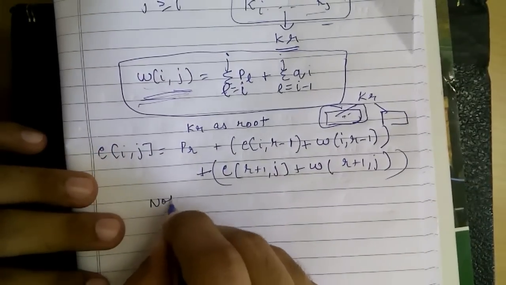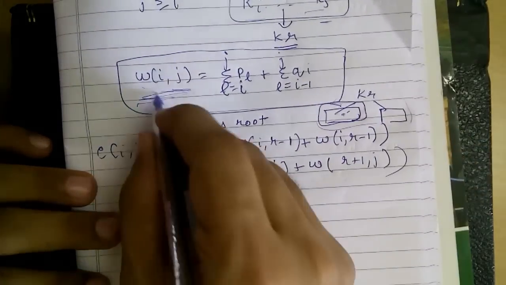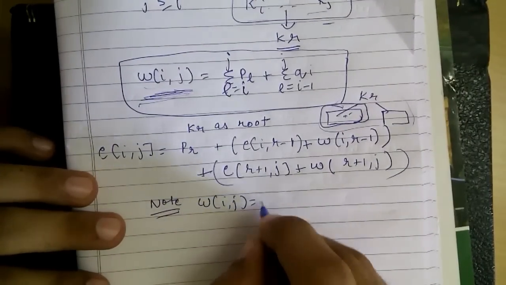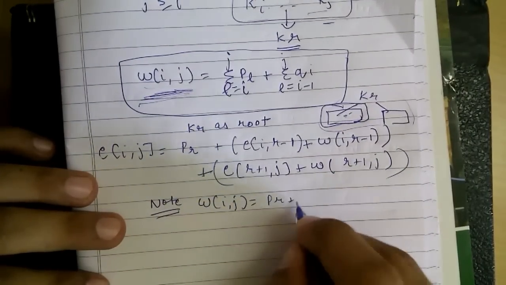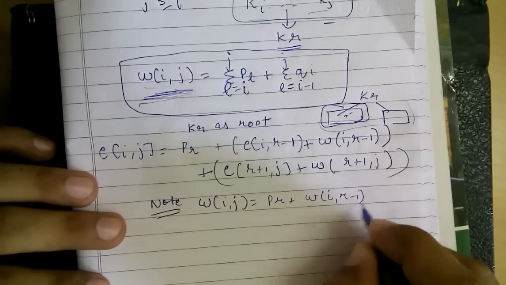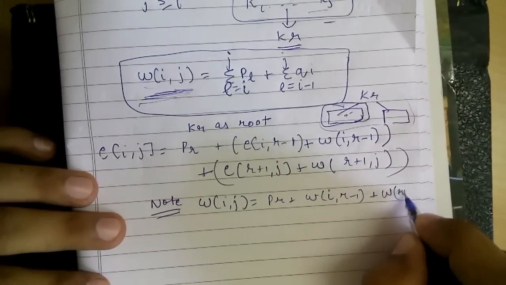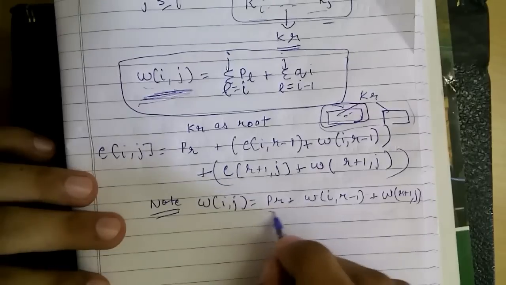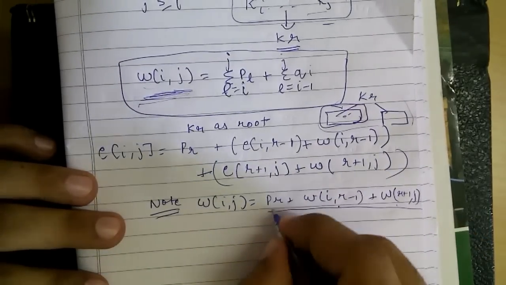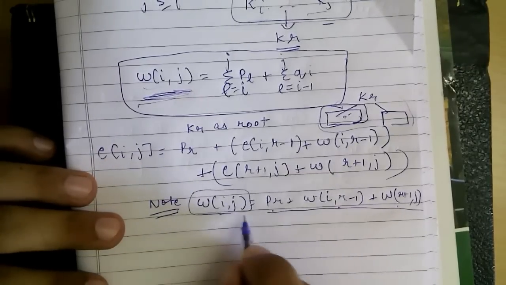you can note that the sum of probability of this whole w of i j is nothing but this p of r plus w of i r minus 1 plus w of r plus 1 j. So the probability of the left subtree, right subtree, plus that of the root will be the probabilities from i to j.